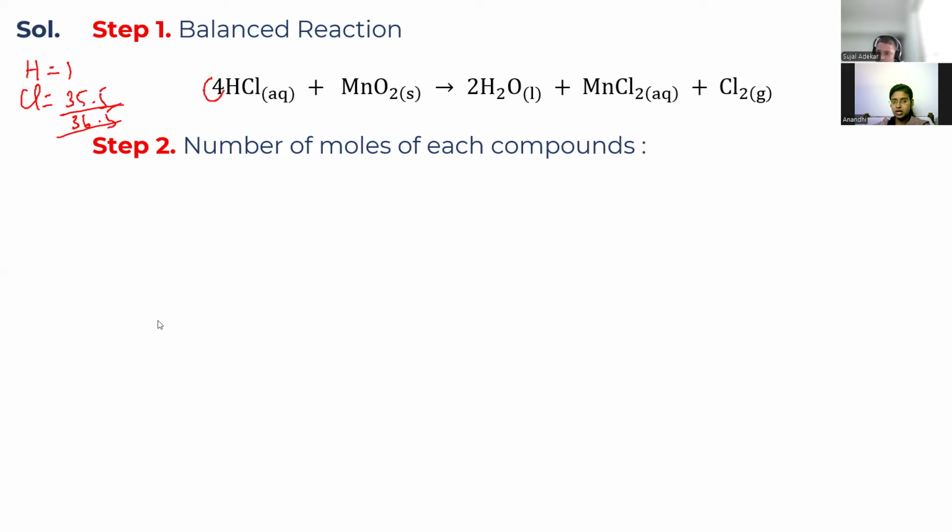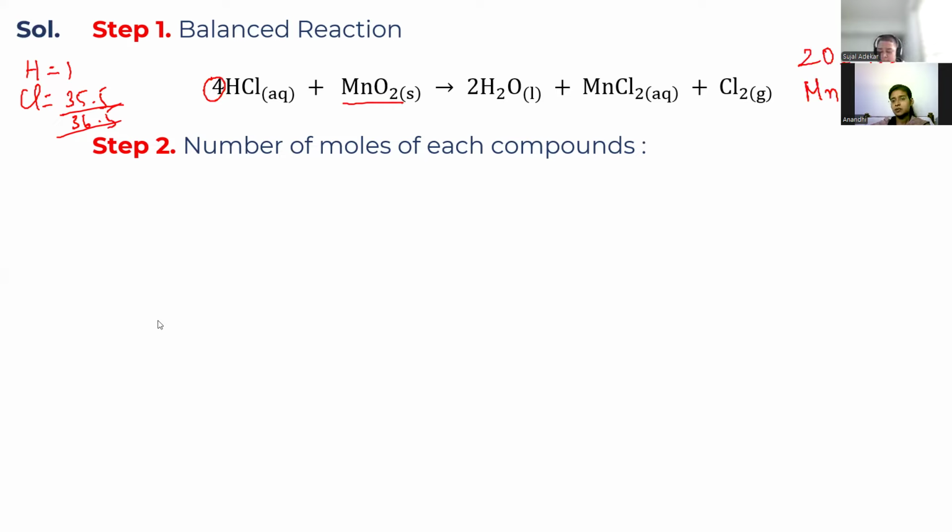In the last question itself I told you, don't consider this 4 to find out the number of moles. Then to find the number of moles of manganese dioxide, what is the given mass? The given mass is 8.7 grams. 8.7 divided by the molar mass of manganese dioxide. For two oxygen, 16 plus 16 is 32. For manganese, the atomic mass is 54.9.